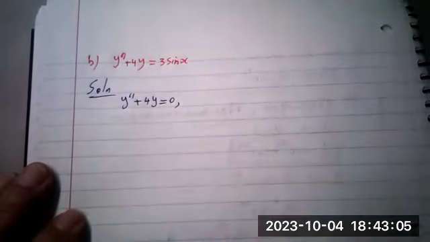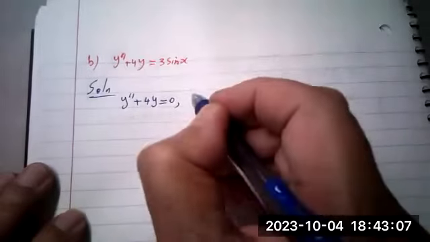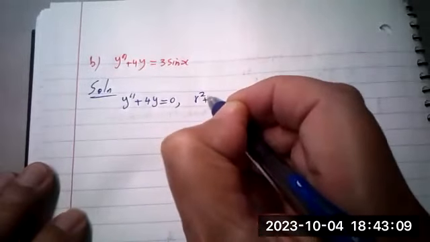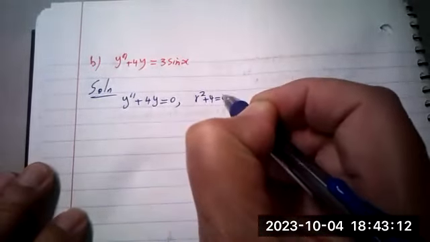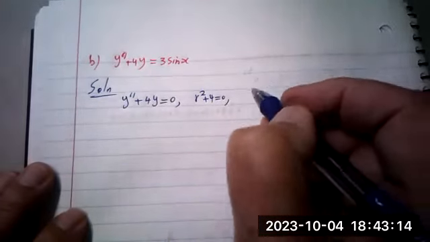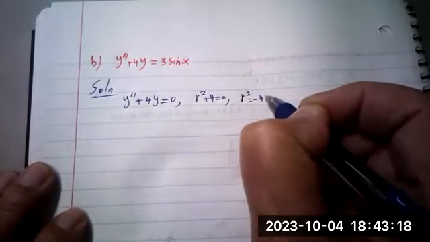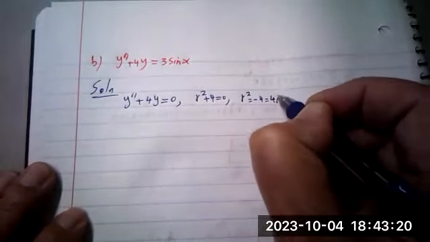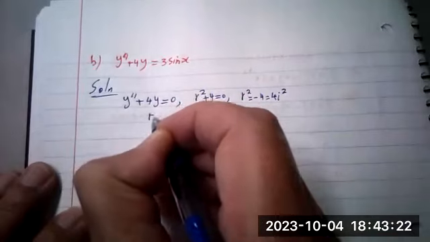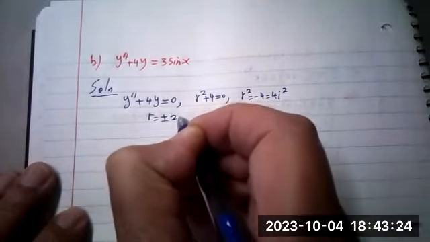What's the characteristic equation for this one? r squared plus 4 equal to 0. Not factorable, so you move the 4 to the other side. Use complex numbers. So it's going to be -4, and the -4 would be like 4i squared. So r would be plus or minus 2i.